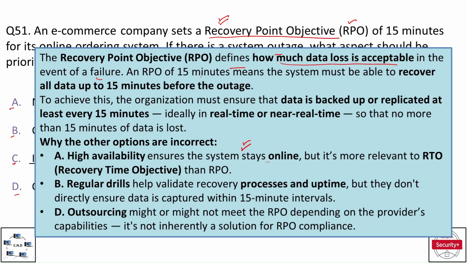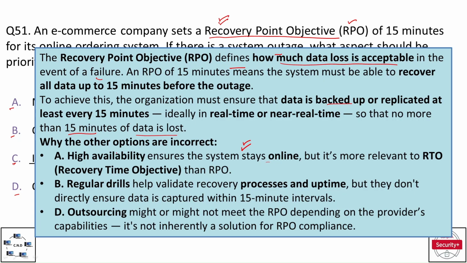An RPO of 15 minutes means the system must be able to recover all data up to 15 minutes before the outage. To achieve this, the organization must ensure that data is backed up or replicated at least every 15 minutes, ideally in real time or near real time, so that no more than 15 minutes of data is lost.